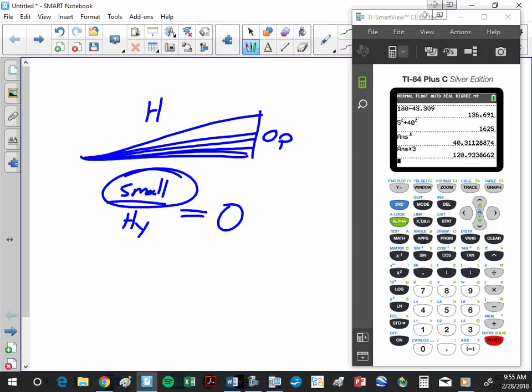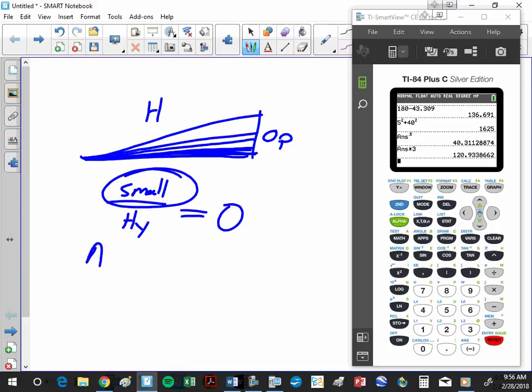What about the cosine? So in this case, the hypotenuse is getting shorter, and the adjacent isn't changing.